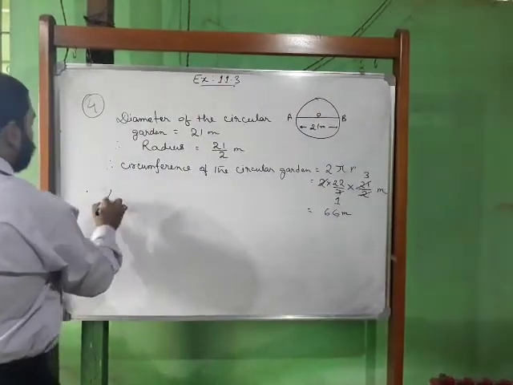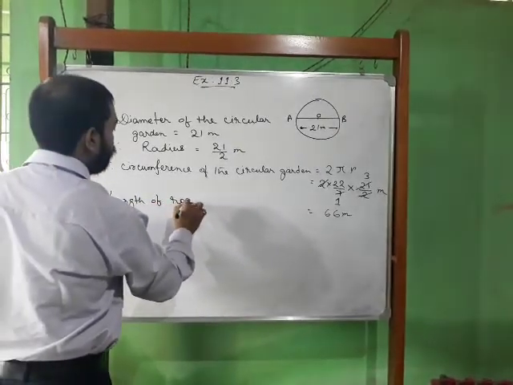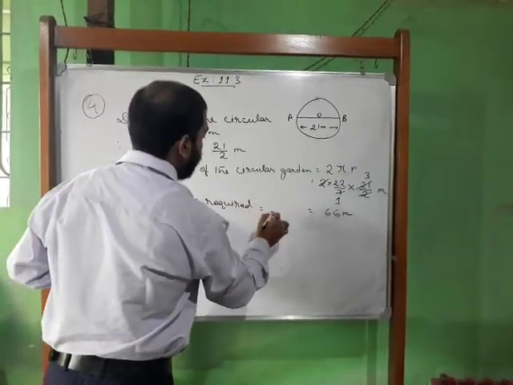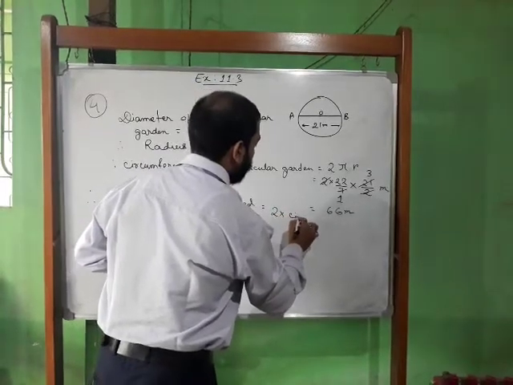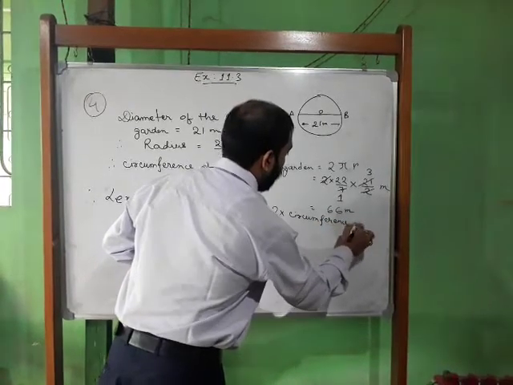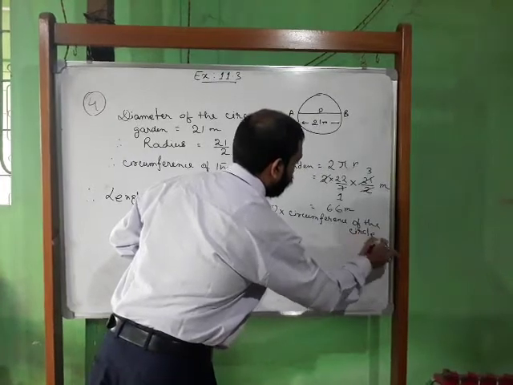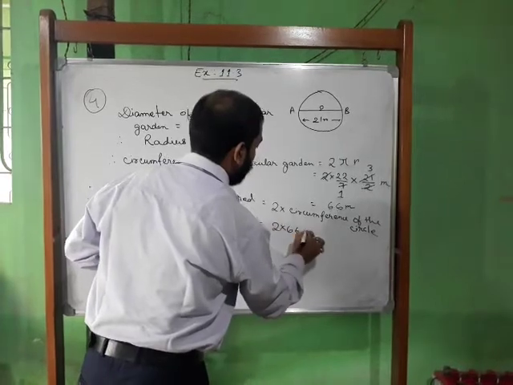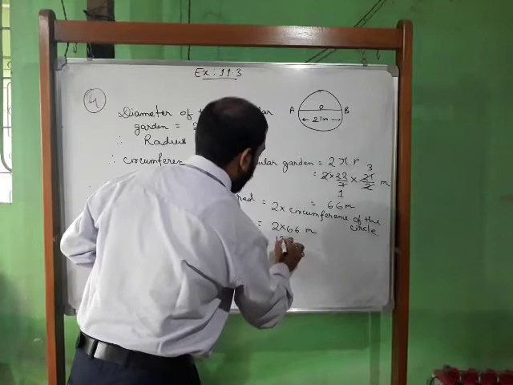Therefore the length of the rope required is 2 into the circumference of the circle. So 2 into 66 meter, it is 132 meter.